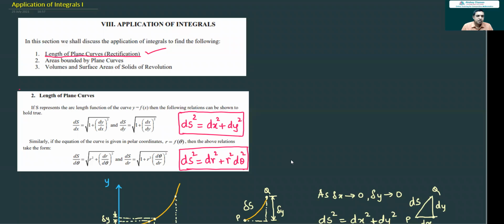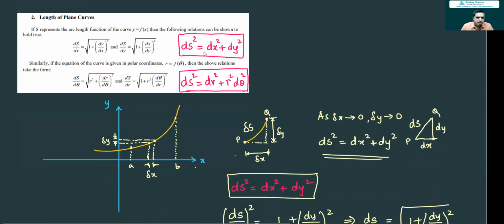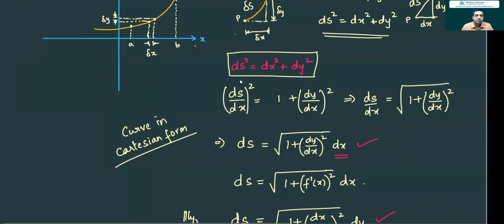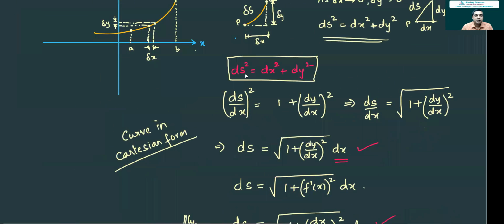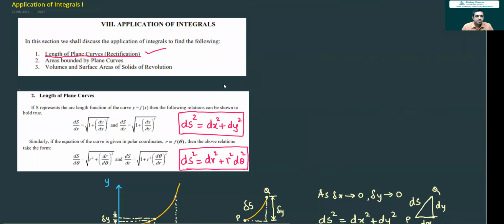Okay. Next, ds is the differential length of the curve. So ds square is equal to dx square plus dy square. And in polar form, ds square is equal to dr square plus r square d theta square. So that will be the length of the curve.